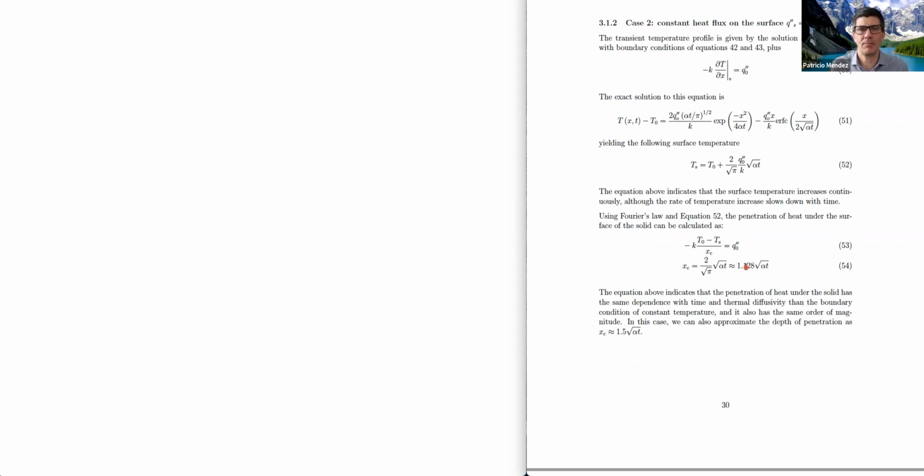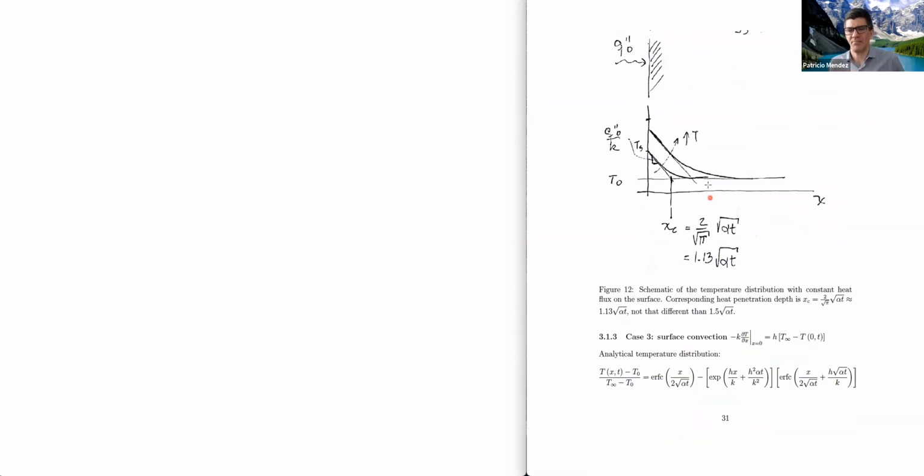I split the difference, 1.5. Really, it's not such a big deal. The real big deal is remembering that penetration of heat has been proportional to square root of alpha T, give or take 1.5, for 2 very different boundary conditions, either constant surface temperature or constant heat flux.